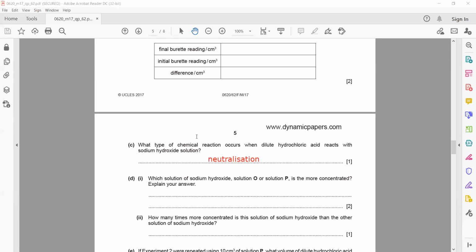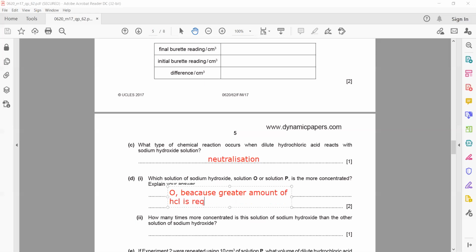So for this answer, 1 mark is for just writing O, identifying it, and the second mark is for the reason, because it requires more HCl for complete reaction or to completely react.